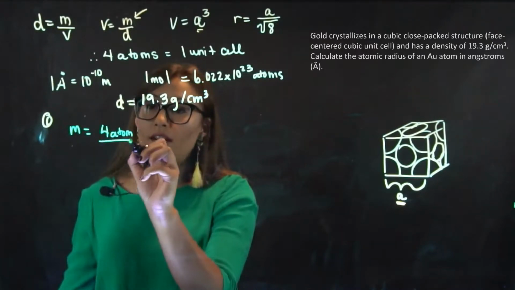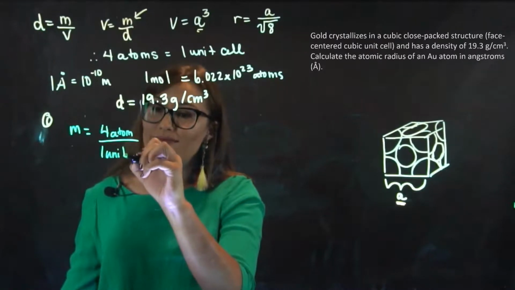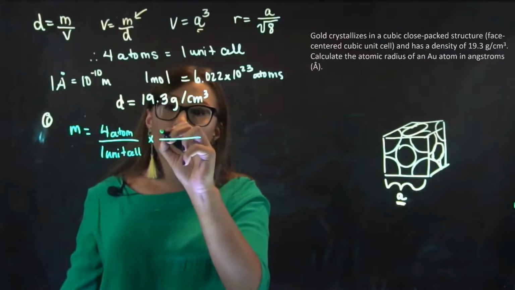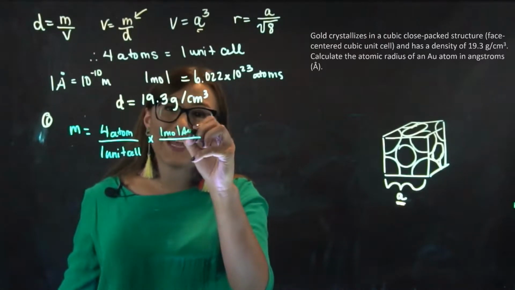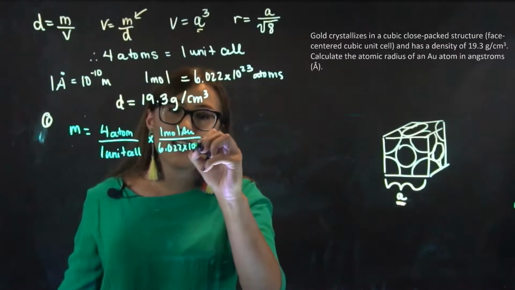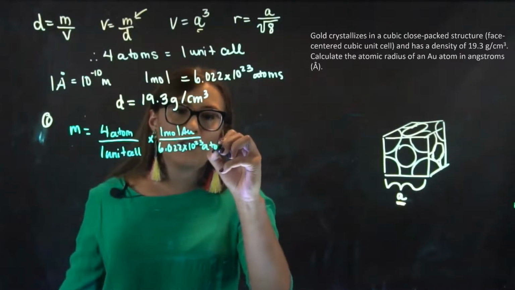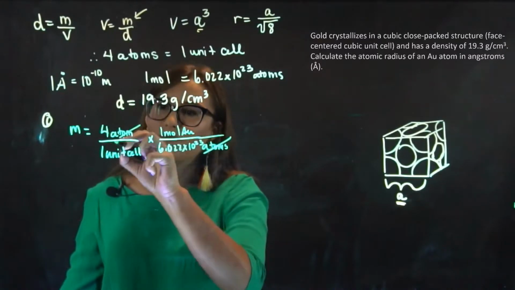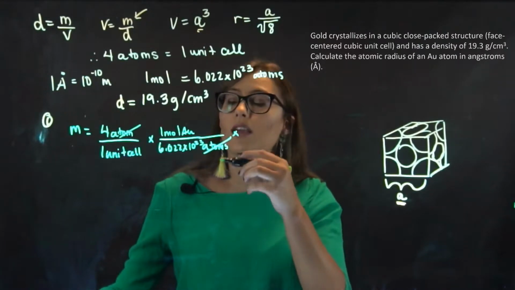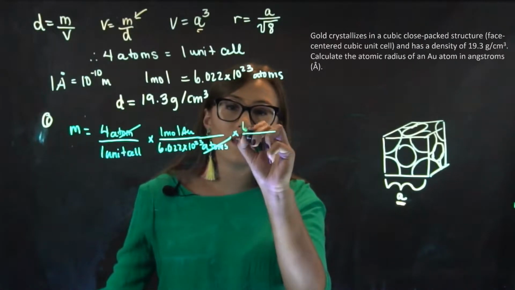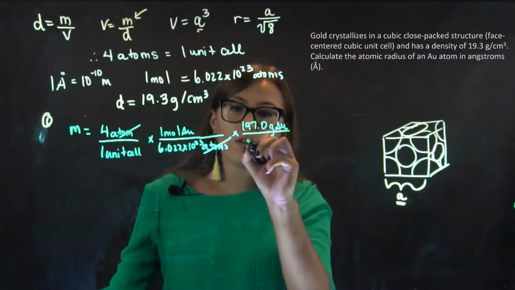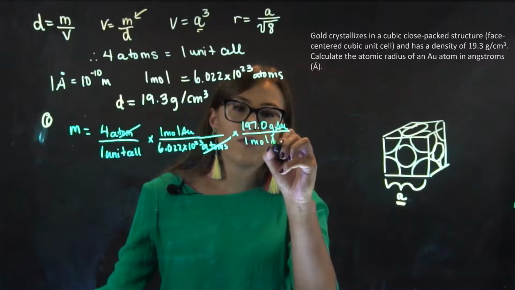So we have 4 atoms per 1 unit cell, and we can multiply this by Avogadro's number: 1 mole over 6.022 times 10 to the 23rd atoms of gold, multiplied by the atomic weight of gold, which is 197.0 grams of gold over 1 mole of gold.